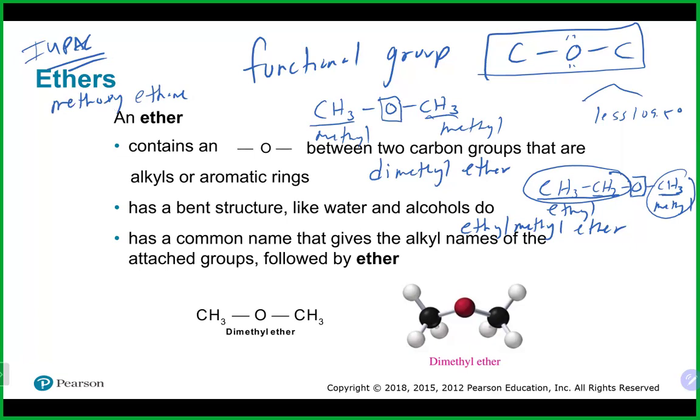These are much easier. So that is the way we will go, like I think they do in your book. But that's basically what you would do if you were doing an IUPAC name. In this case, they're both the same, so the base of the name would be methane, and it would be methoxymethane the IUPAC way of naming it. But we will go with basically group, group, and ether at the end of it.